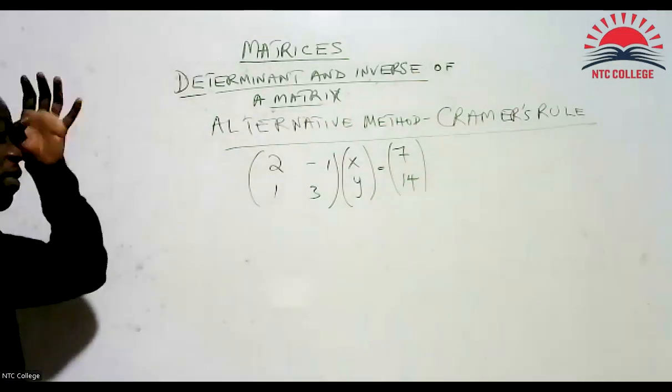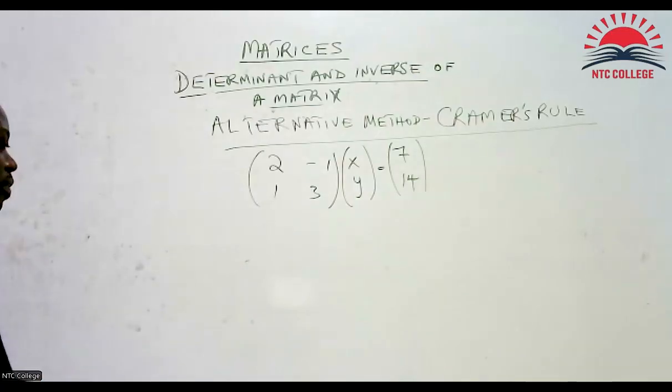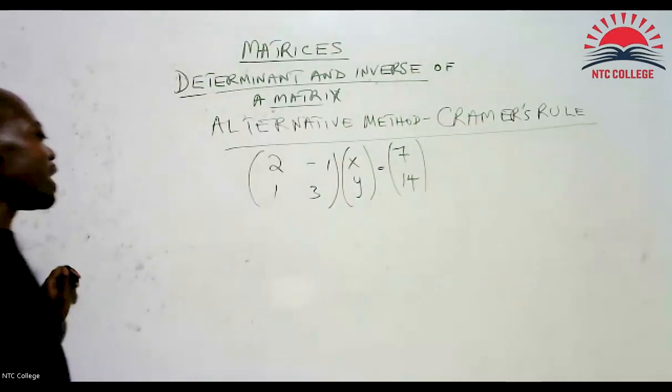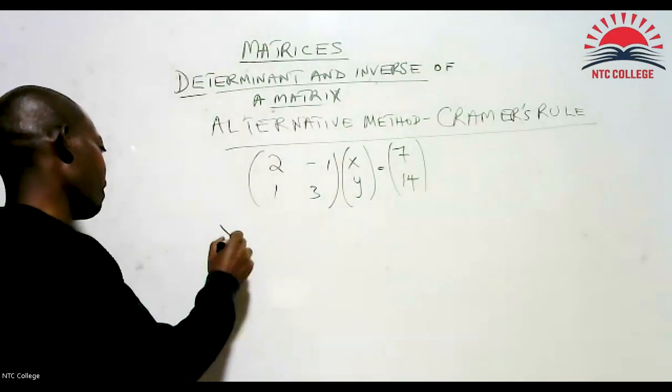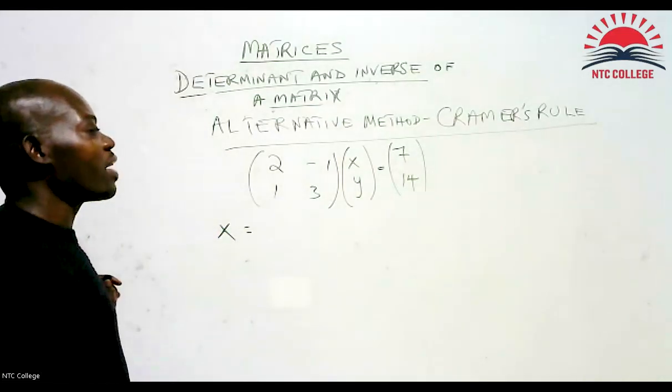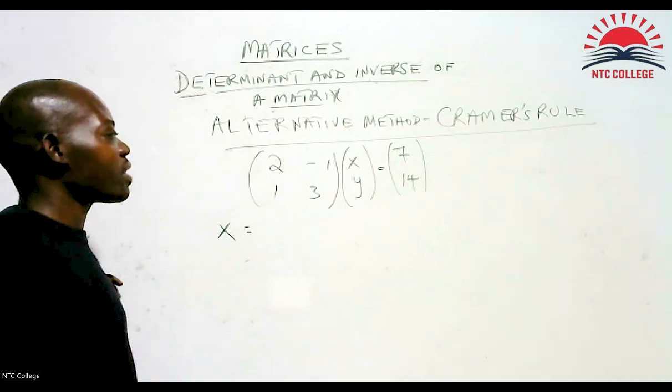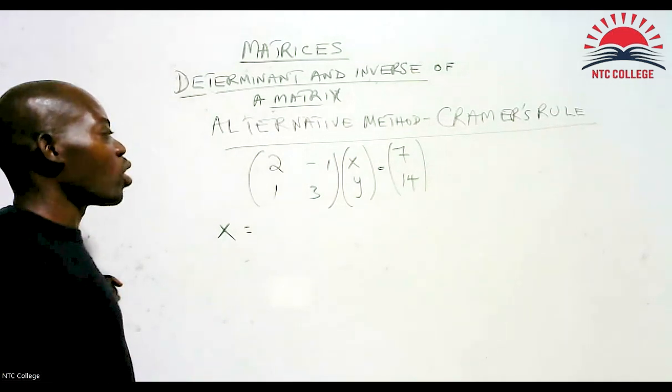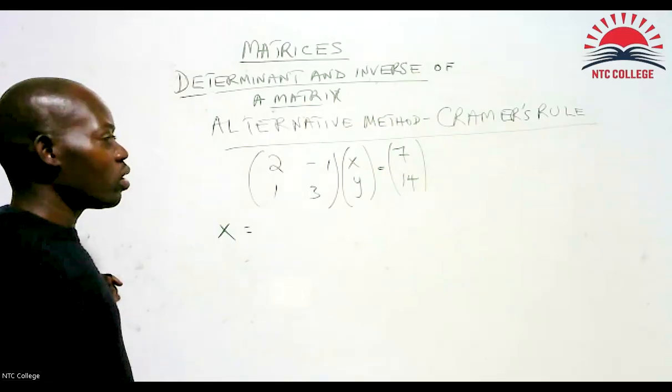So once we have formed the matrix, look at what I do. In order to obtain X, it should be given by, remember, X is the first unknown in the first row.